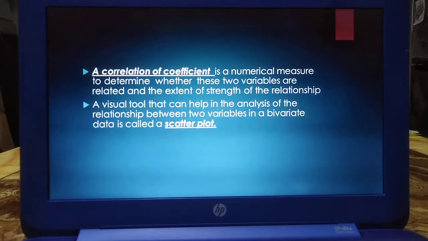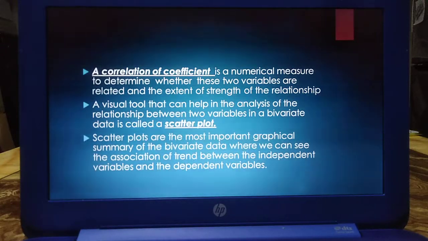A scatter plot is simply a diagram of points which we can show in a Cartesian plane. Scatter plots are the most important graphical summary of bivariate data, where we can see the association or trend between the independent variable and the dependent variable.